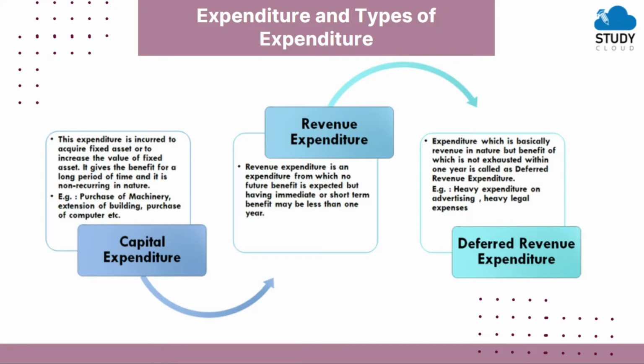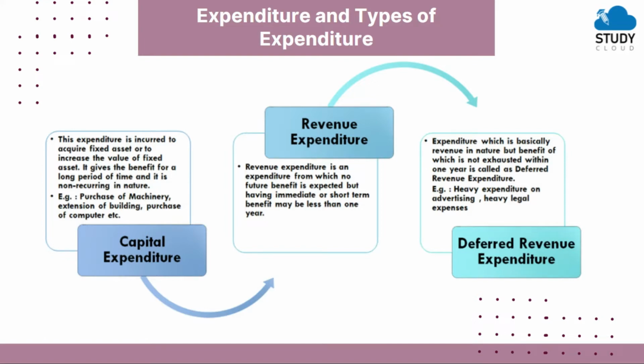Fixed assets means all those assets which will stay in your business for a longer period of time, and with the help of those assets you can earn more in your business, like machinery, land and building, computer, motor car. These are fixed assets.